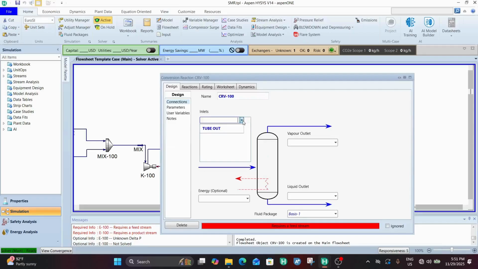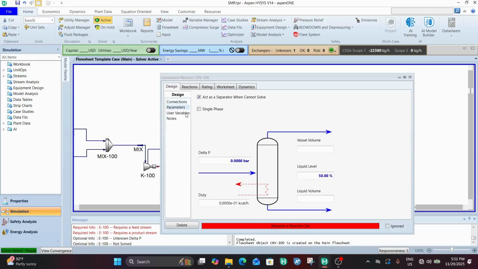So plugging in our reactor inlet, which is our tube out. We're going to call this the vapor. Our top bottom would be called liquid. And then we go on ahead to our parameters to specify our pressure drop, which is 1 bar.